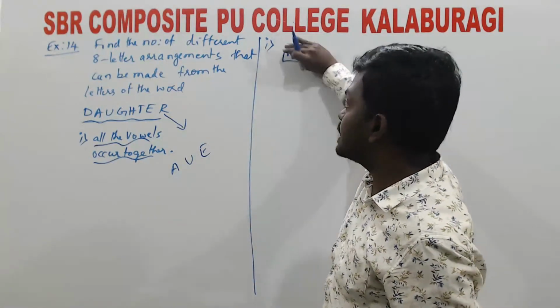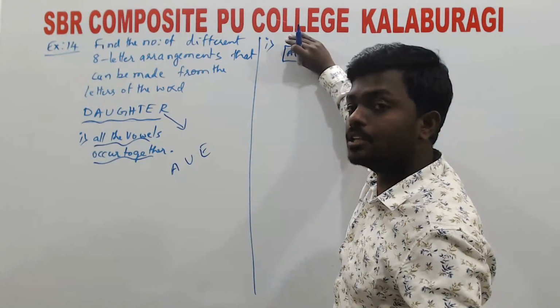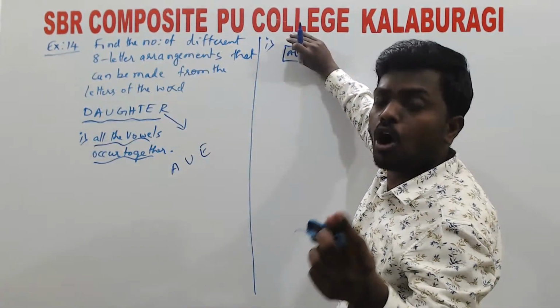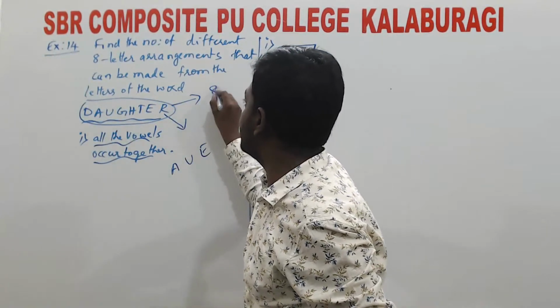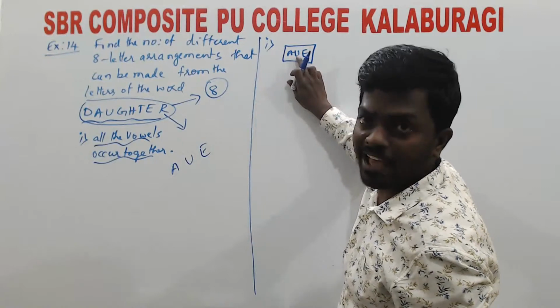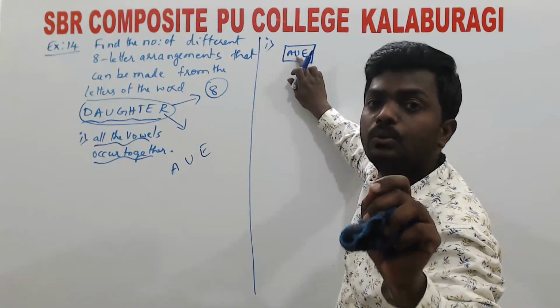So this is nothing but one box itself, right? Now we need to arrange. Still we have to form 8 letters, right? In daughter, how many letters are there? 8 letters. So in 8 letters, already 3 have been used here. Why? Because vowels should be together.